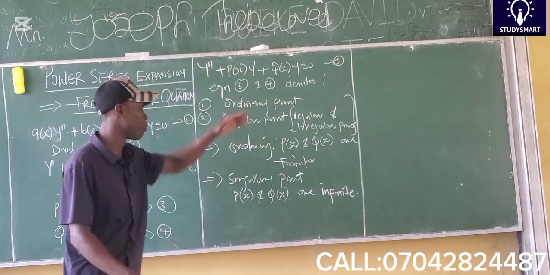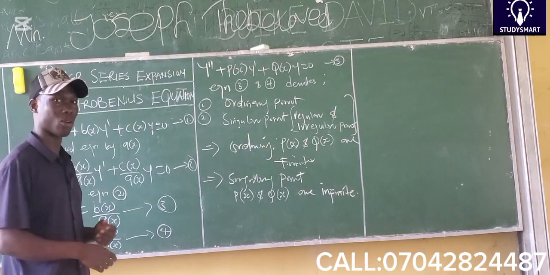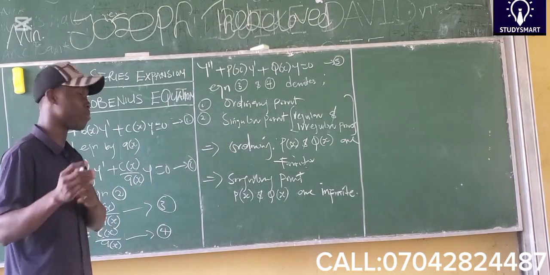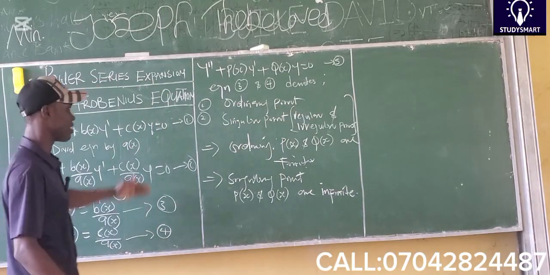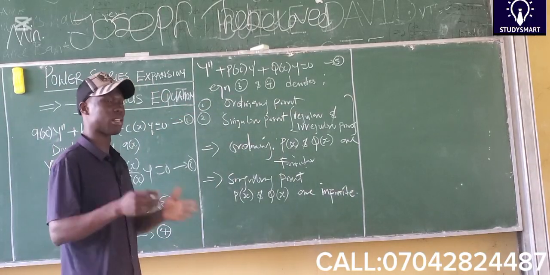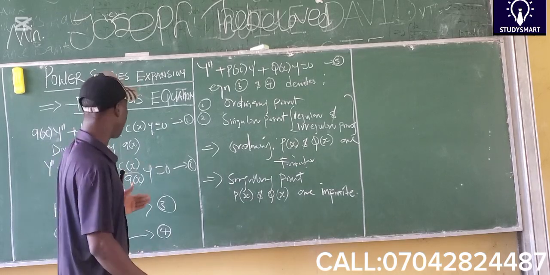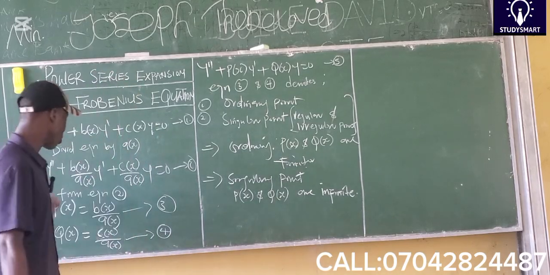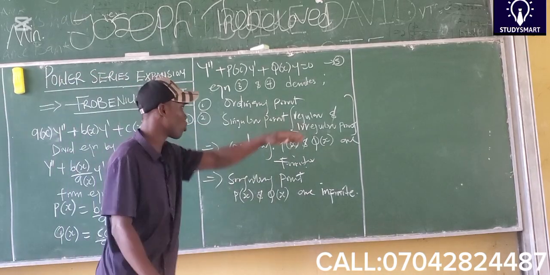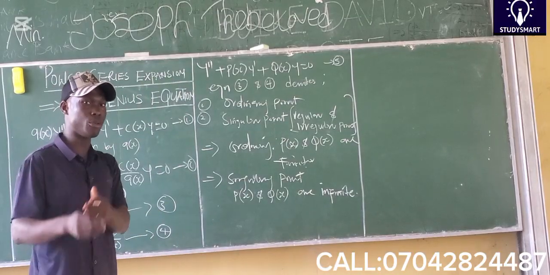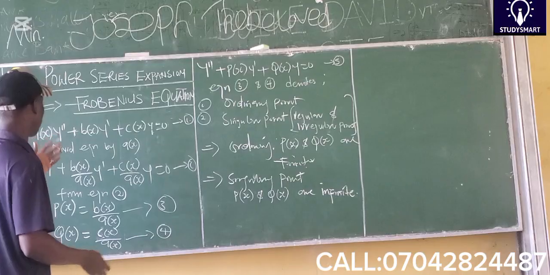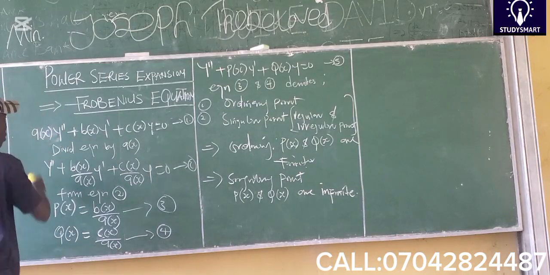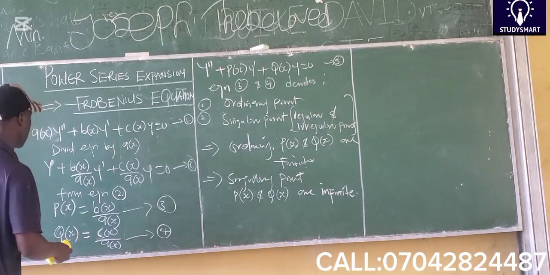What you use at an ordinary point is what we call the Leibniz-Maclaurin series. But if P of x and Q of x give you a singular point, you use the Frobenius equation. So we are going to be taking an example very quickly to illustrate the point.